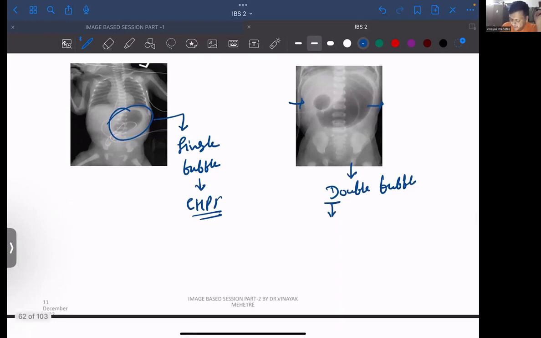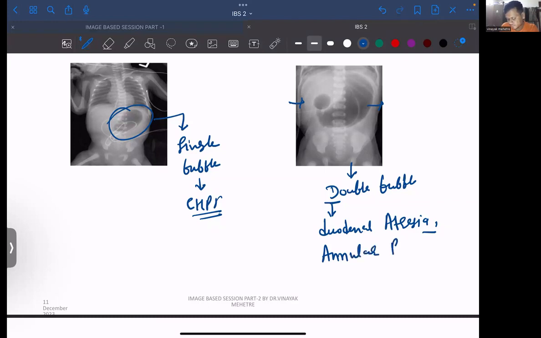D goes with D, that is, yes, correct, duodenal atresia. ये तो सबको पता है. और कहाँ मिलेगा? Yes, annular pancreas, or also called as Ladd band.